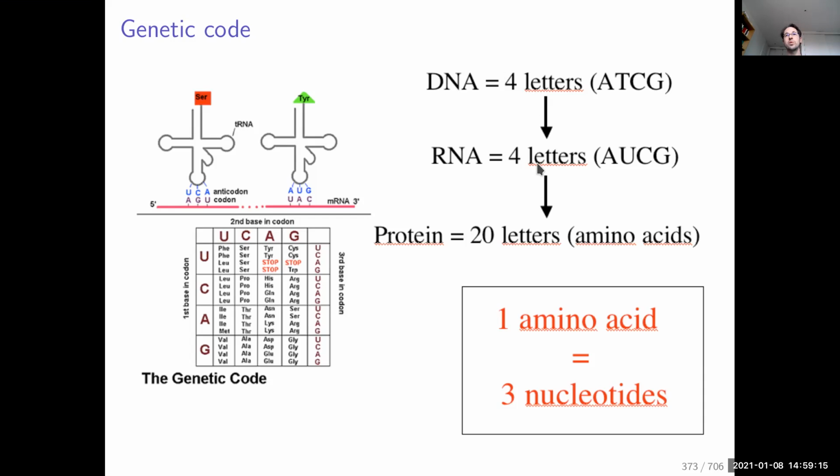Anyway, at the end of this process, we have proteins that are coded on an alphabet of 20 letters, which are the 20 types of amino acids. That means that to code an amino acid, you need at least 3 DNA bases, which we call nucleotides.